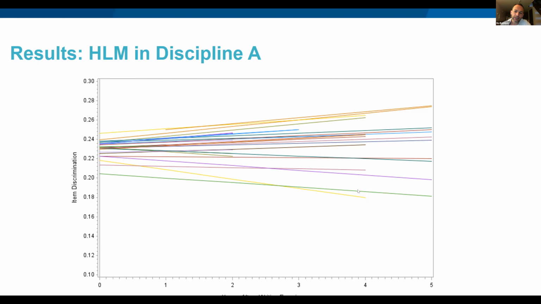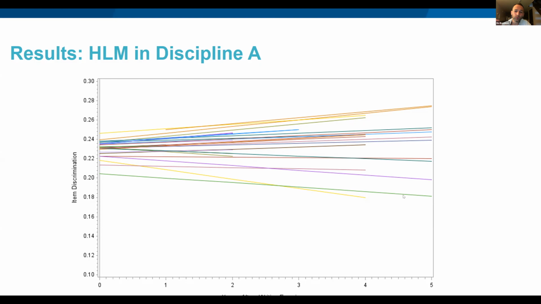If you look at the green line at the very bottom, the origin of that line on the y-axis, where the line meets the y-axis, is the intercept. This is the expected discrimination of items produced by this author when they have 0 years of item writing experience. Over a 5-year period, the expected change in item discrimination for this author is about 0.02, and they're actually decreasing.